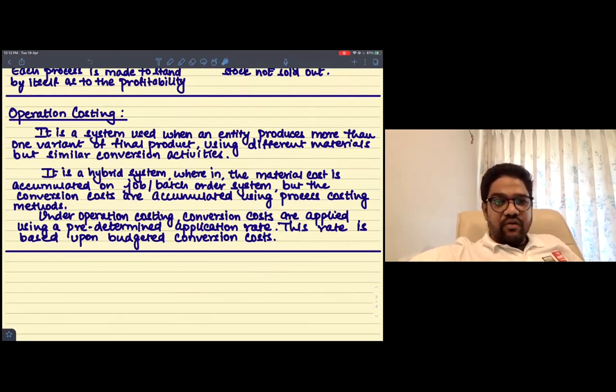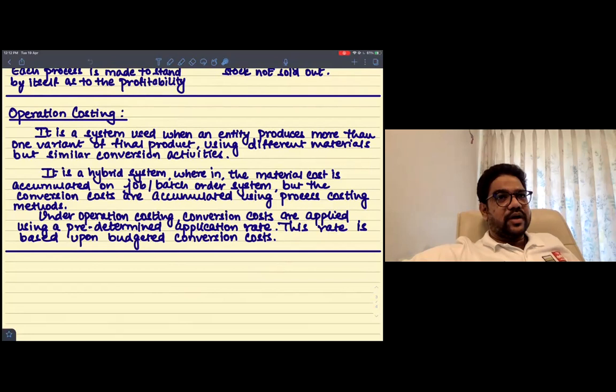Apart from that, we have operations costing. For operations costing, we don't have a lot. Our chapter is called Process and Operations Costing. An operation is very similar to a process.